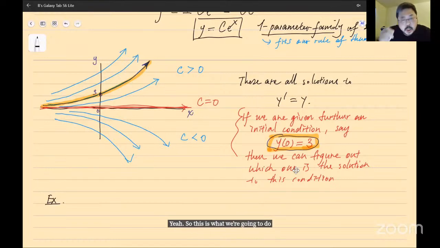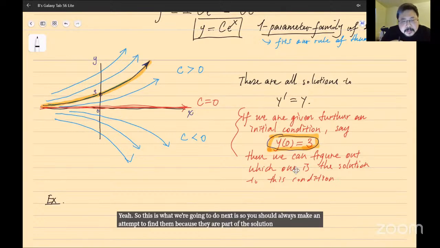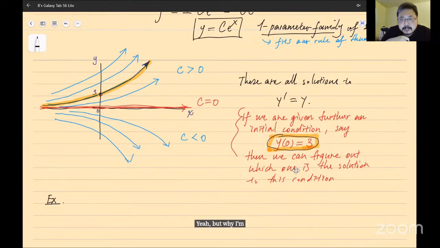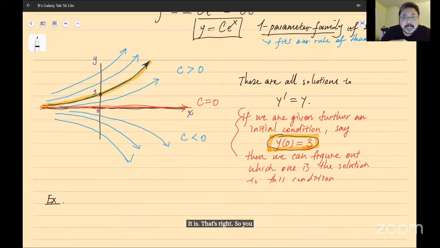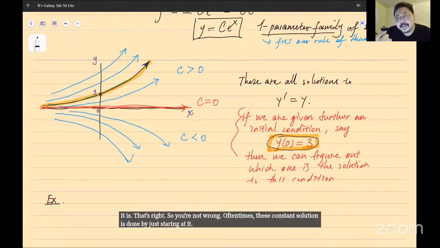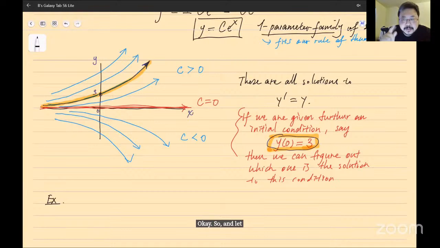You should always make an attempt to find them because they are part of the solution set to this problem. Oftentimes these constant solutions are found by just staring at it. Let me show you another example that will illustrate this point.